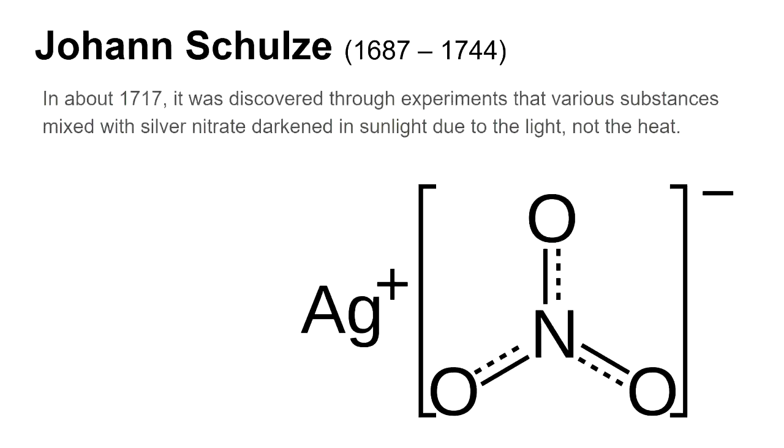Our story in terms of photography really starts with silver. Johann Schulze was playing around with some chemicals in his laboratory and realized that silver nitrate mixed in a jar on the shelf, when the sunlight hit it, half of it was dark and half of it was light.